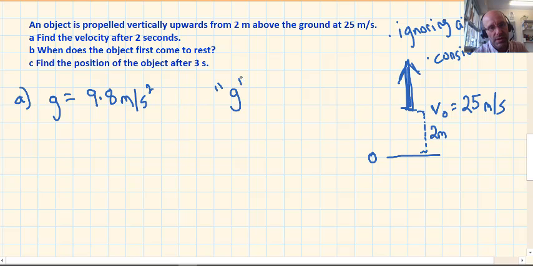Sometimes you'll see questions that just have g in them too, because g's a little bit different depending on where you go, whether you're at sea level or high in the mountains and so on. The gravitational field varies just a little bit. But we're going to suggest that 9.8 is reasonable.